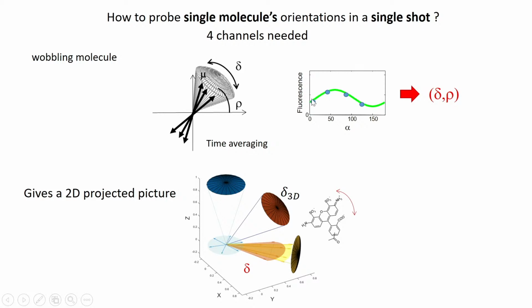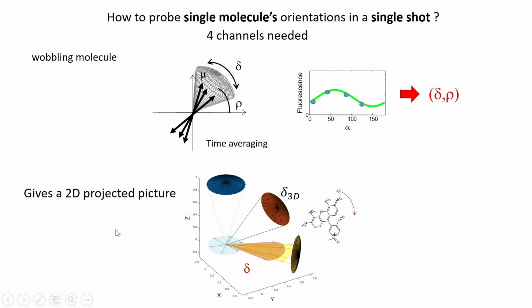So what we'll do is use 4 different angles of polarization to measure the contrast of this curve and its mean direction. So in a way, to get similar parameters as before, except that here the mean angle is the mean angle over time of a single molecule, and the delta is the cone angle, which was the molecular order before, for a single molecule. So it is somehow its wobbling explored angle.